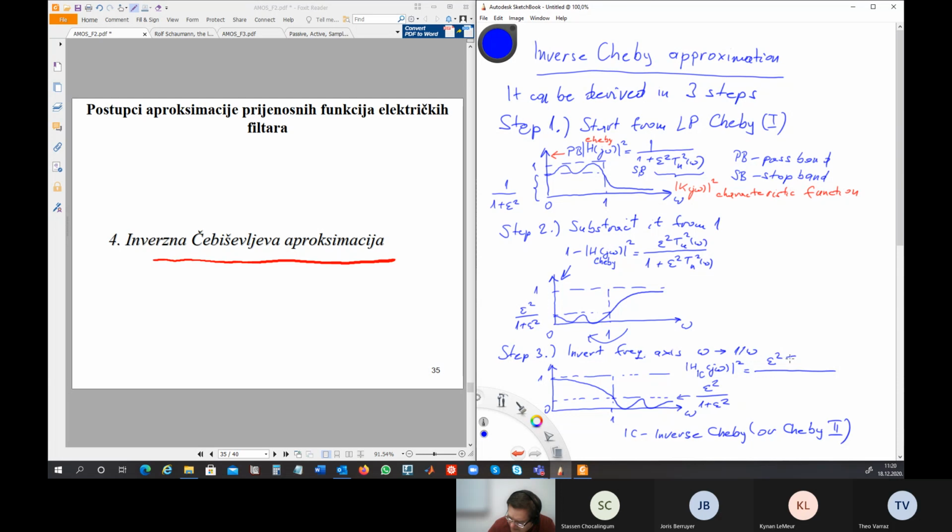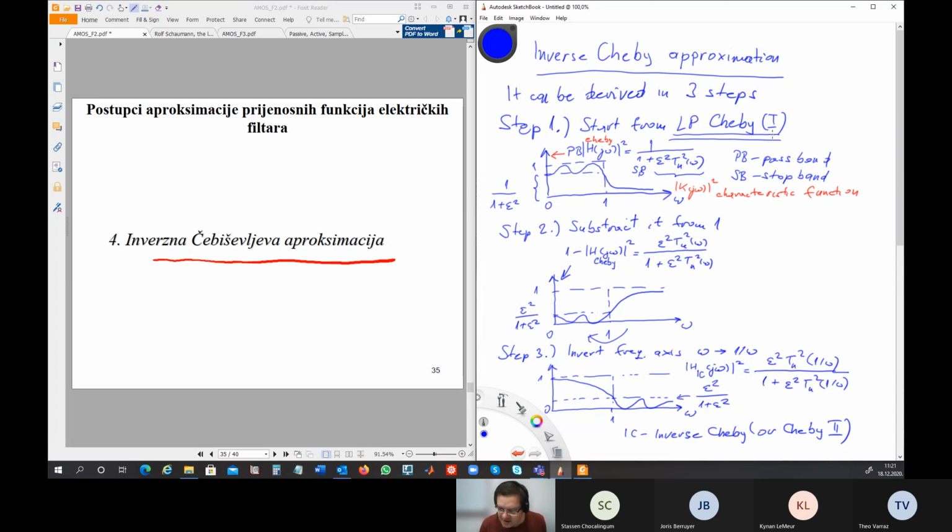Epsilon square Tn square 1 over omega, over 1 plus epsilon square Tn square 1 over omega. So this is called inverse Chebyshev characteristics. And as you see, it's simple, and it starts from the normal Chebyshev number 1, and always you can derive it from it.